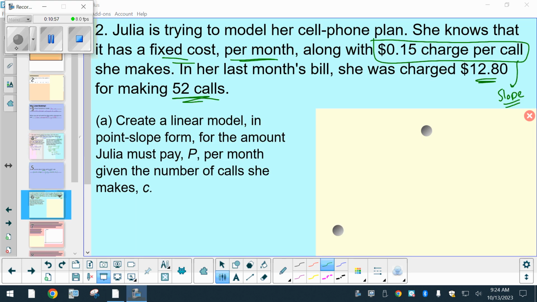That's going to create a point, where you're going to have the 52 comma your cost, which is 1280, and that will be your point.